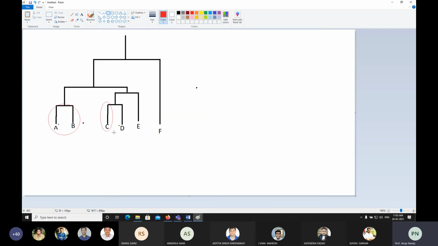Then you can have C and D, and then C, D, and E will be one cluster. Then you have A, B, and C, D, and E. Then you will have these things.